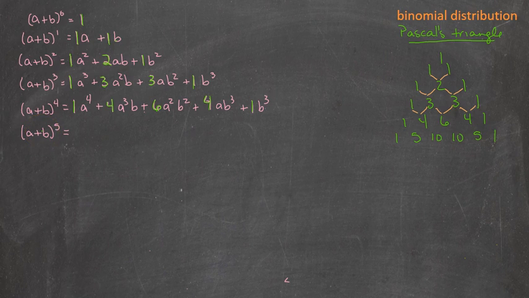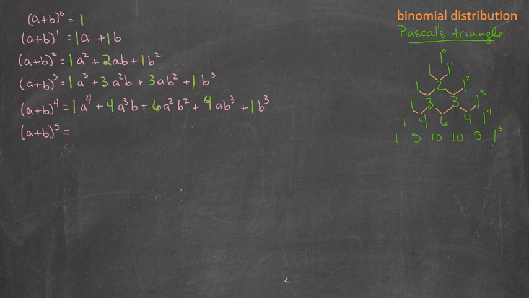Now a little note: I find it convenient to identify each row as belonging to a certain power of the binomial, and I do that by writing a little notation that looks like a power. So the 0 power, the 1st power, the squared, the cubed, the 4th, and then the binomial to the 5th. That is just a little notation that I like to use to indicate which row I'm in.